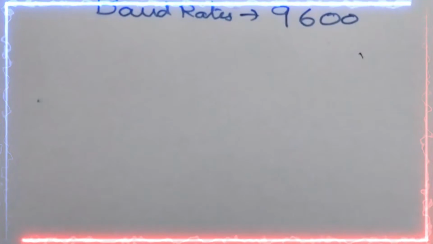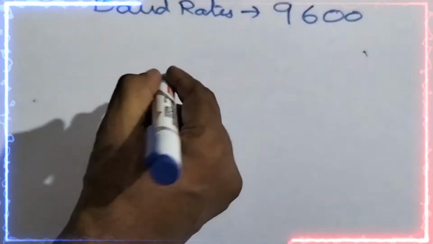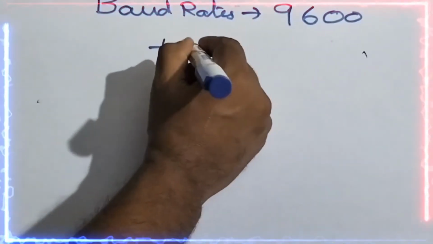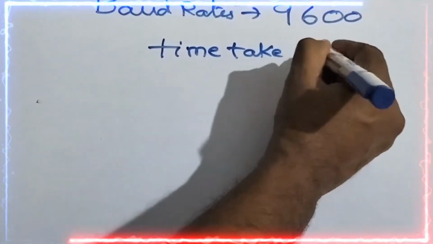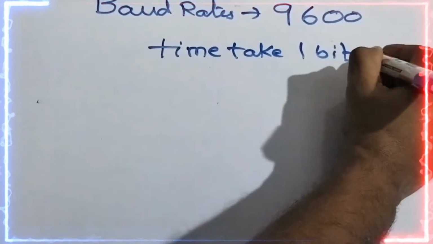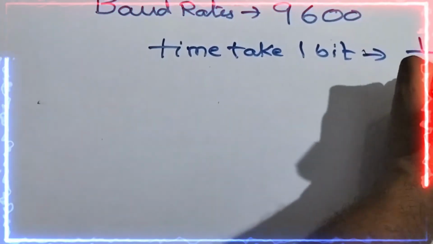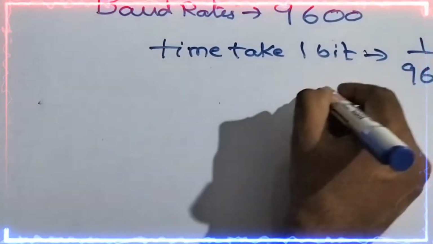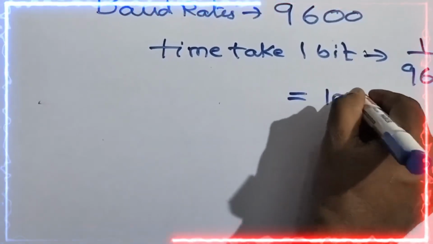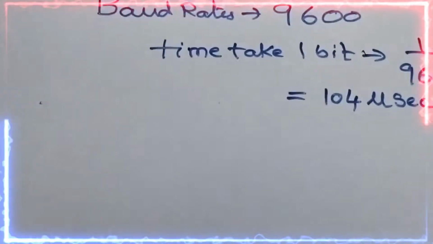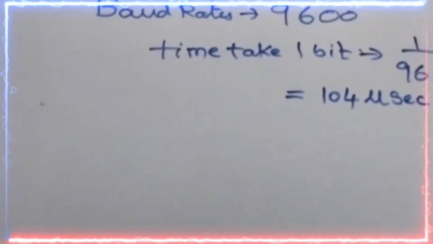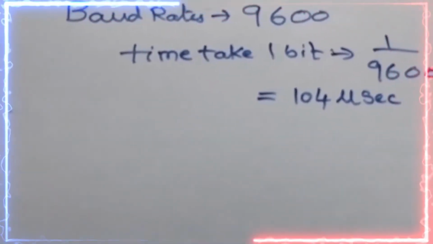In order to transmit 1 bit, the time taken for 1 bit transfer is 1 divided by 9600, which is 104 microseconds, friends.